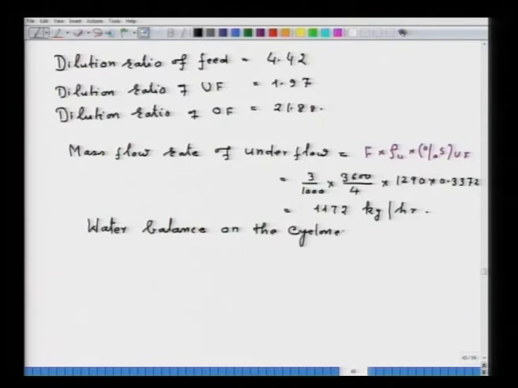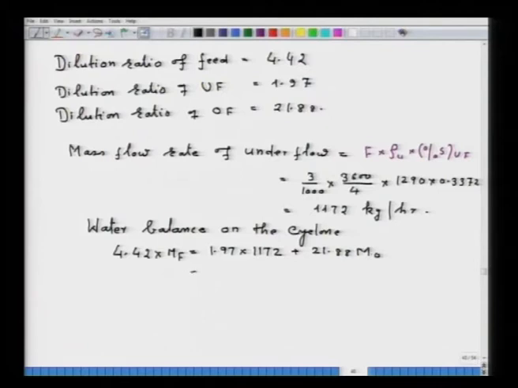I am just straightaway writing down 4.42 into MF, that is equal to 1.97 into 1172 plus 21.88 into MO.